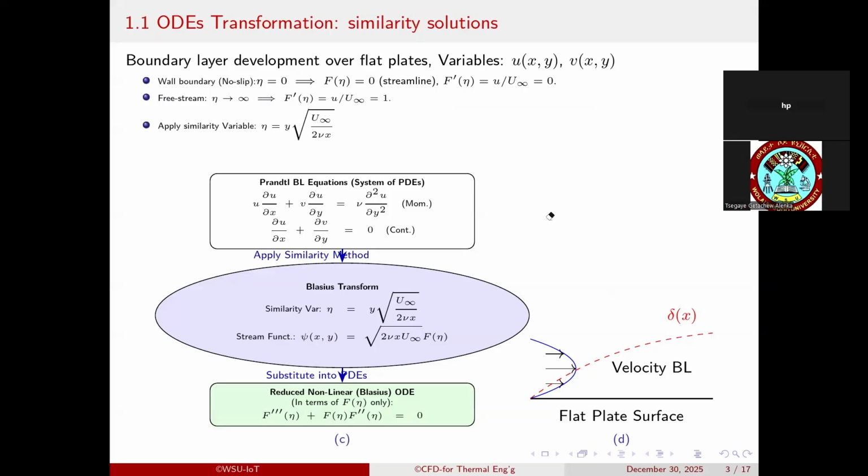The similarity variable in this case, eta, equals y times the square root of the ratio of free stream flow speed, over the product of kinematic viscosity and the distance x. Substituting eta into the equation yields the stream function, which is important in determining the flow pattern potential.